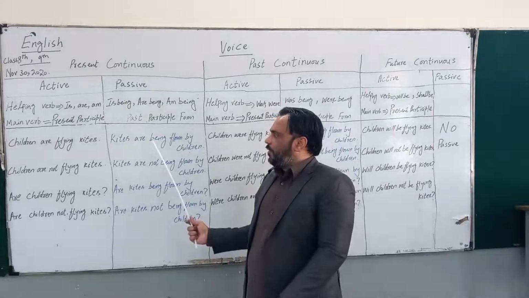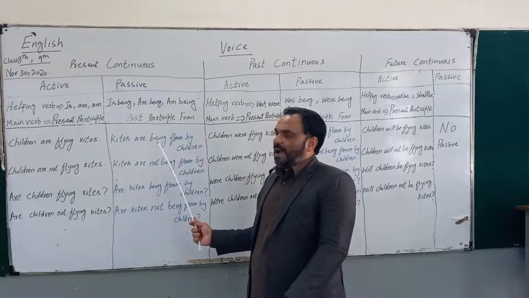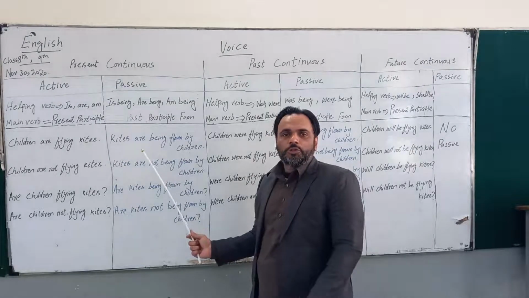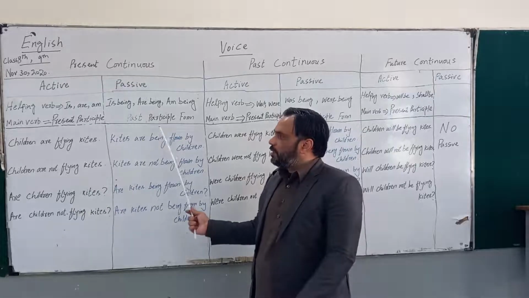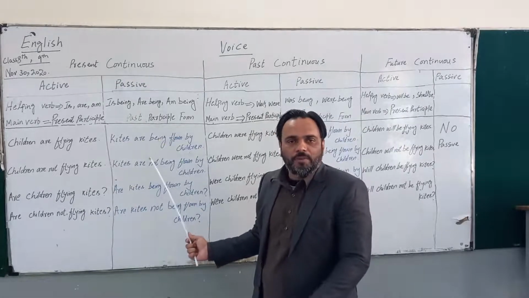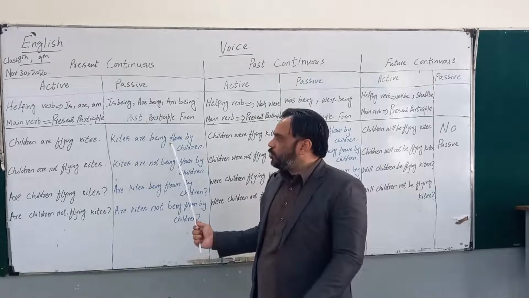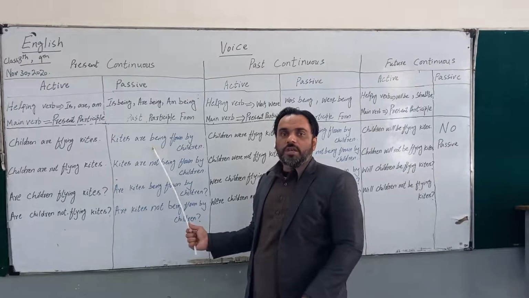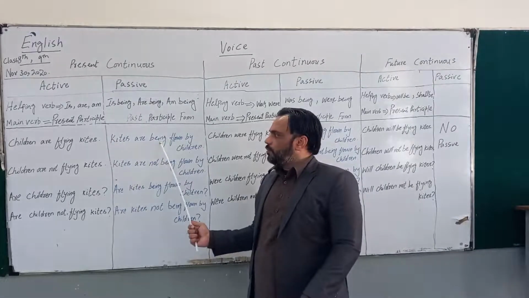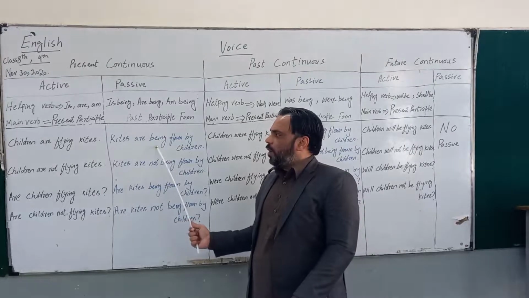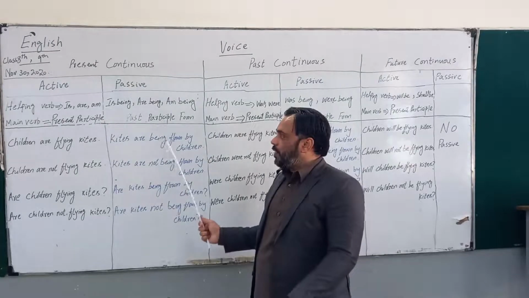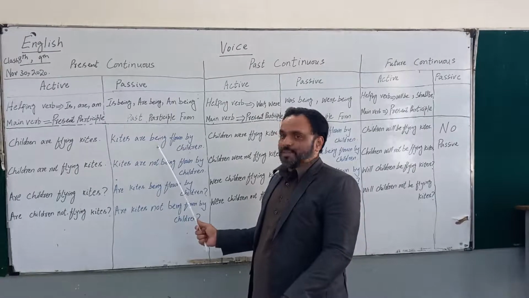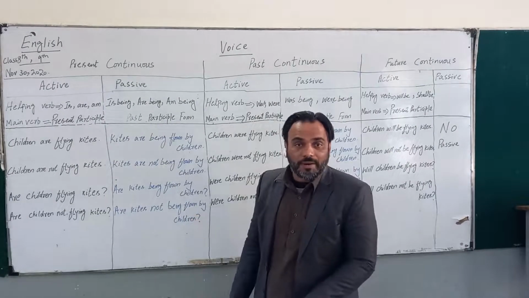As you can see the difference, here we have added being to show continuity, because in passive voice the continuous form of the main verb can't take place. So to show the continuity, we are using being here. Don't forget, this one word can make a huge difference. If you remove it, it becomes the passive voice of present indefinite tense.